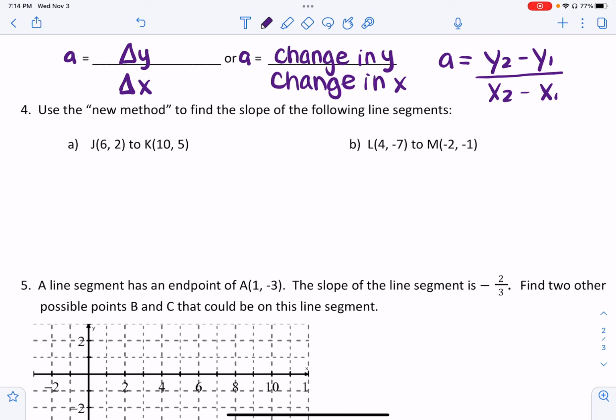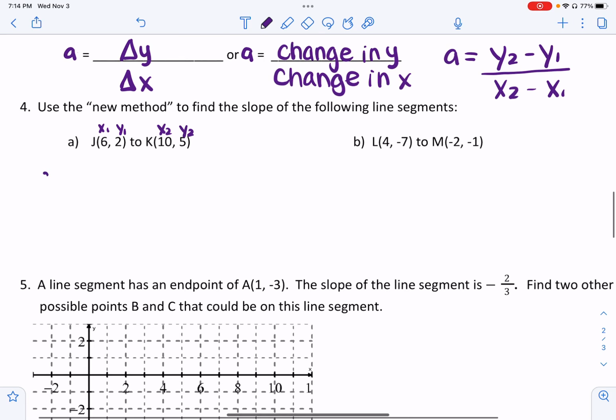It's a really good idea to label your points because points often get mixed up with this formula, so it's a good idea just to label them right away. So we have x1, y1, x2, y2. Now it doesn't matter which point you call point 1 and which point you call point 2. What matters is that my 1's are together, x1, y1, and my 2's are together, x2, y2. We can't mix and match.